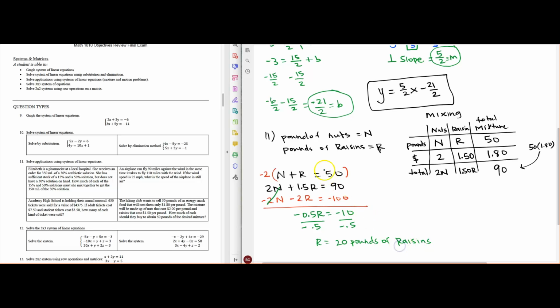And then to find out the number of pounds of nuts, remember, we know that it's 50 together, so we're doing 50 minus 20, which gives me 30, right? So we must need 30 pounds of nuts. Okay.